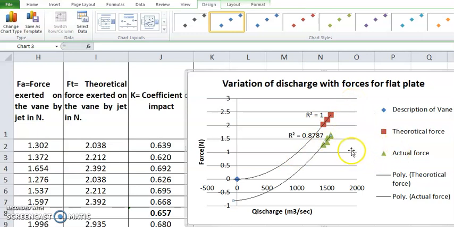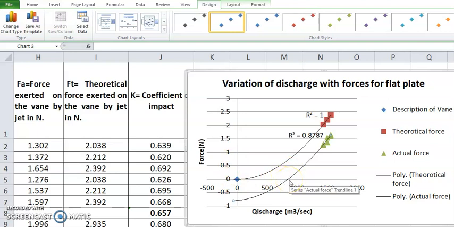And whatever actual force you have plotted here, the minimum discharge required to start the force is this value. Here you can see.